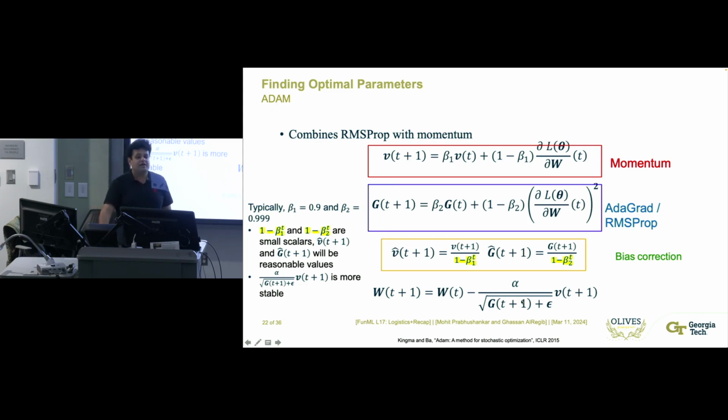So in the first few iterations, your estimates might be very much biased when you're using Adam. To correct for that, we have a 1 minus beta 2 to the t and a 1 minus beta 1 to the t that we use in the framework. Again, the math of this is not as important for us. It's just the motivation for what we are doing that is important. And this bias correction is very similar to what we did between RMS prop and Adagrad.